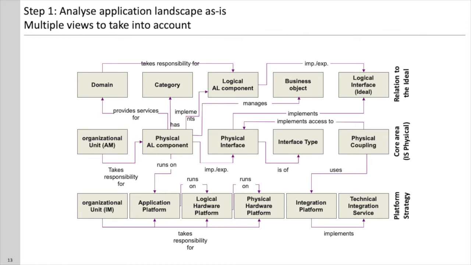Which logical AL component does it therefore implement? Which logical interfaces does this AL component import or export, and which business objects are managed by the physical AL component? So lots of mappings between the physical layer and the ideal.